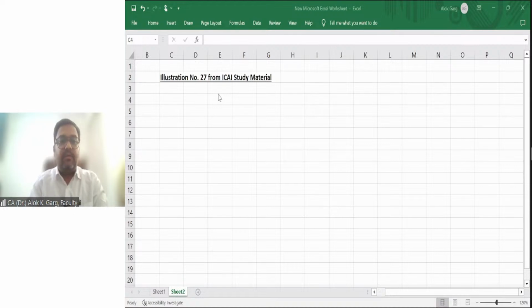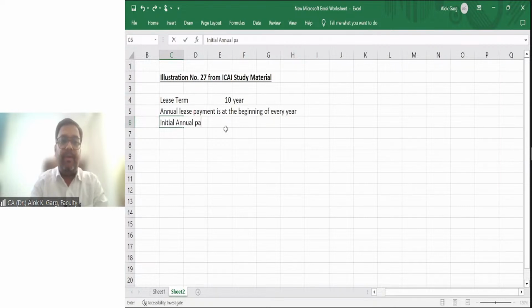The initial annual payment is 1 lakh, increased by 2% of LIBOR every year. This is what is given in the question, right?